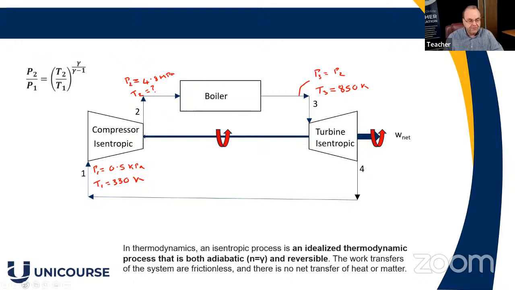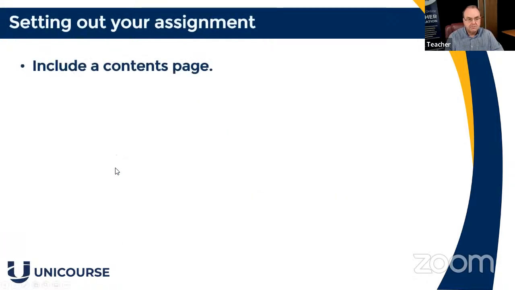So I need to erase that bit. So I need to erase the pressure there. So the pressure was 0.4 megapascals. And we also know that P4 is equal to 0.4 megapascals.